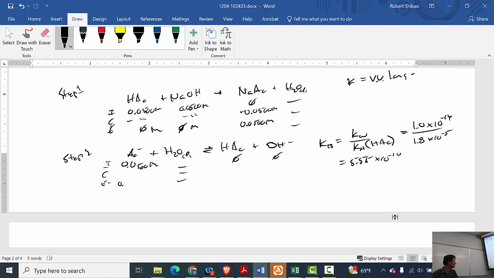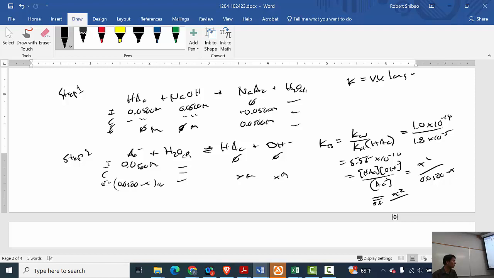So at equilibrium, I'm going to have 0.0500 minus x, and we'll have x molar and x molar. And so this is going to be equal to the HAc to the first times the hydroxide to the first divided by the acetate first. So this is just x squared over 0.0500 minus x. And then I'm going to use the small x approximation. It should work here because the K is so small.